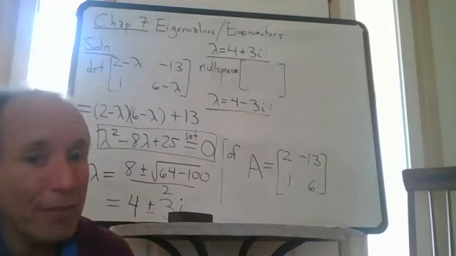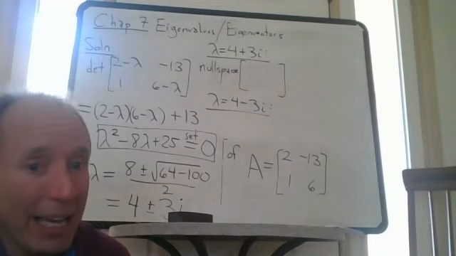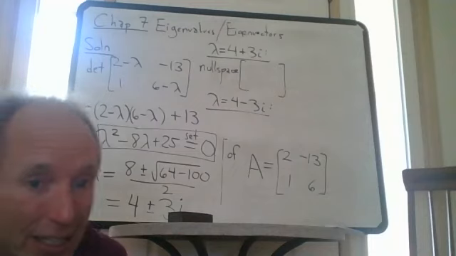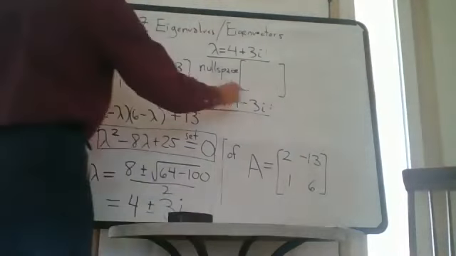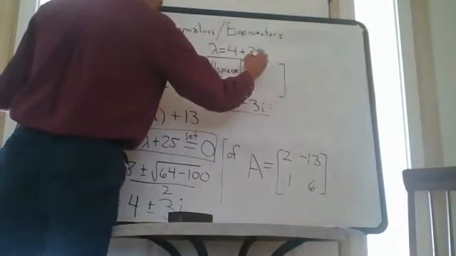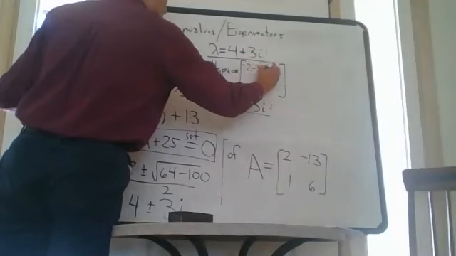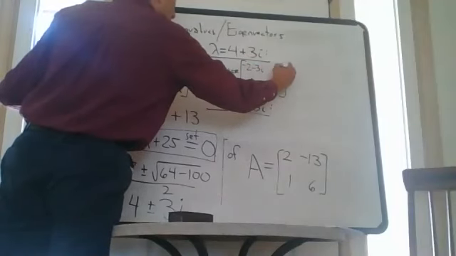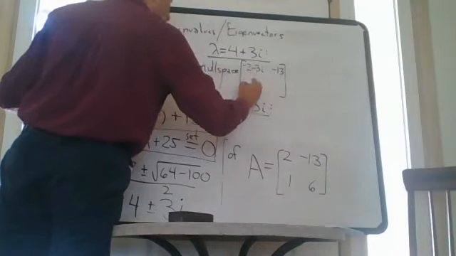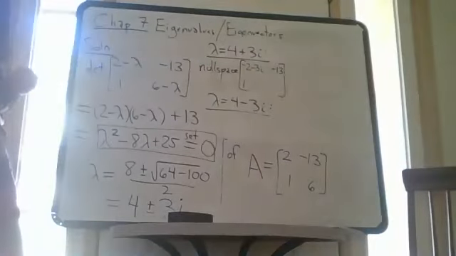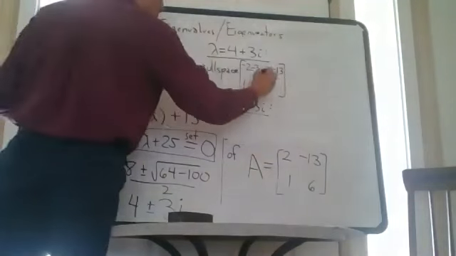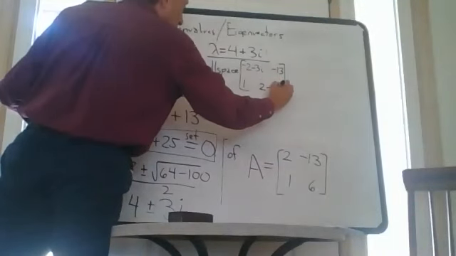So I'm going to subtract 4 plus 3i from the main diagonal of A. Let's see what we get. If we subtract 4 plus 3i, I'm going to end up getting negative 2 minus 3i, and then negative 13 stays the same, 1 stays the same, and then I have 6, and I'm subtracting 4 plus 3i, that would be 2 minus 3i.